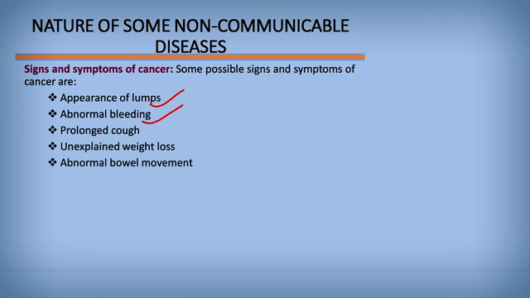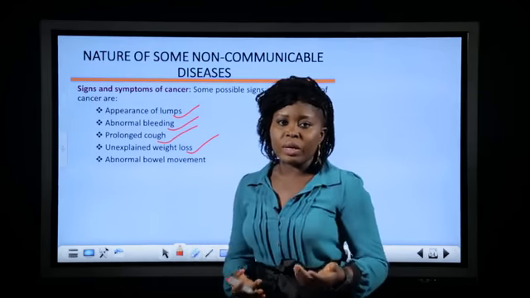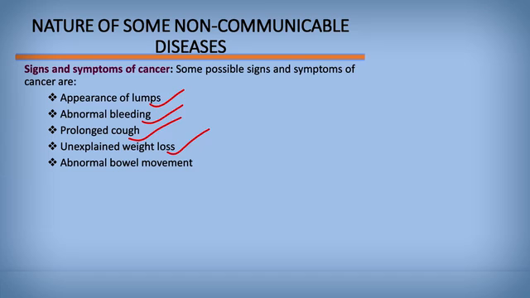This is another symptom of cancer. We have prolonged cough. Someone who has cancer may experience cough. Another sign is unexplained weight loss. So the person is just losing weight abnormally. That's another sign of cancer. They will also have abnormal bowel movement.